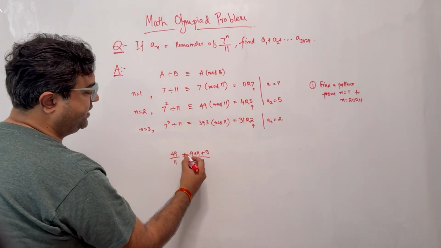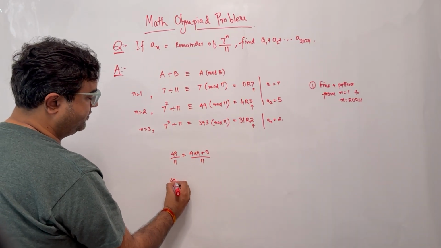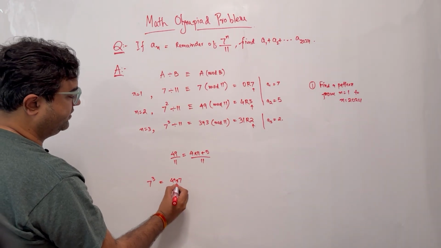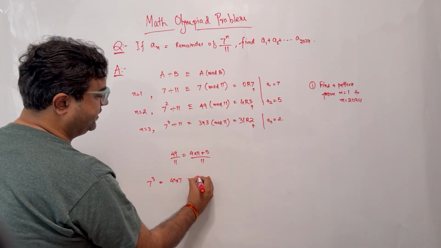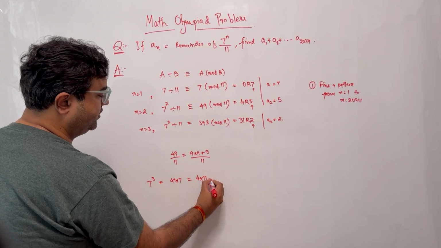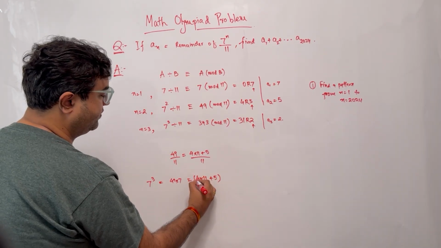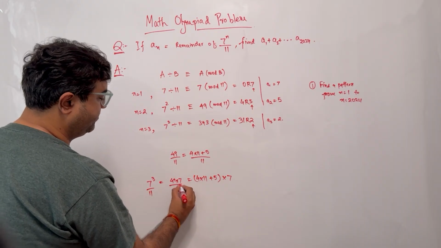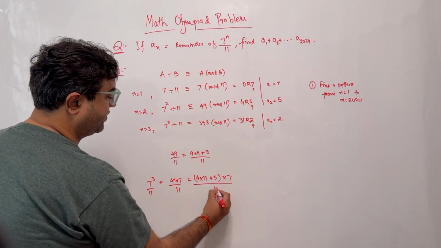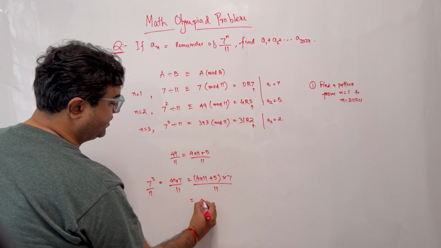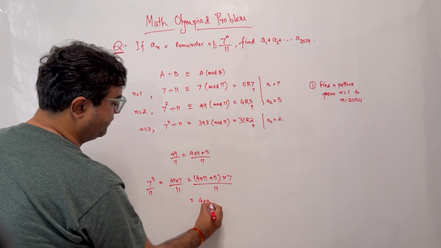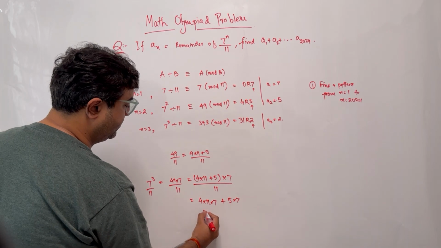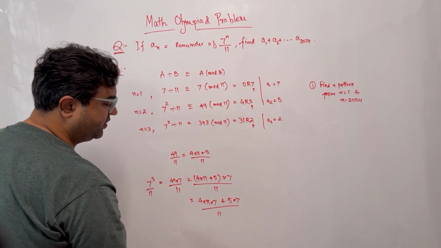Now let's say we multiply 49 by 7, which is 7 to the power of 3. What we are essentially doing is 4 times 11 plus 5, the whole multiplied by 7, and then dividing by 11. So this will come out to be 4 into 11 into 7 plus 5 into 7, divided by 11.